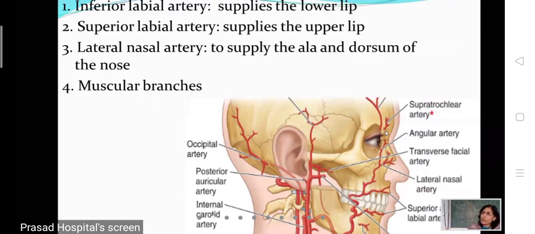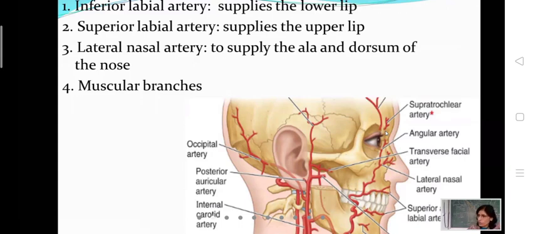Ophthalmic artery arises in the orbit and then it gives a branch, dorsal nasal branch, which anastomoses with the facial artery. So facial artery is also a way of anastomosis between the external carotid artery and the internal carotid artery.